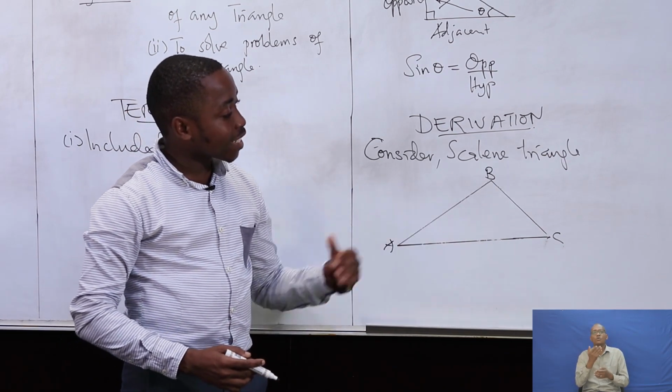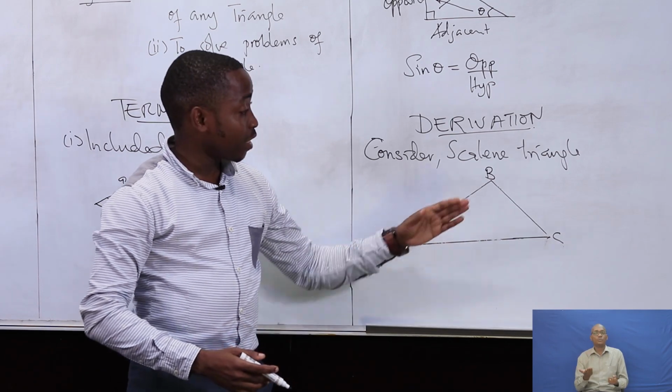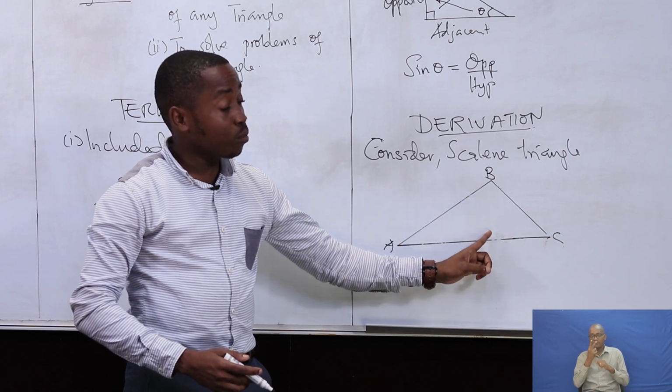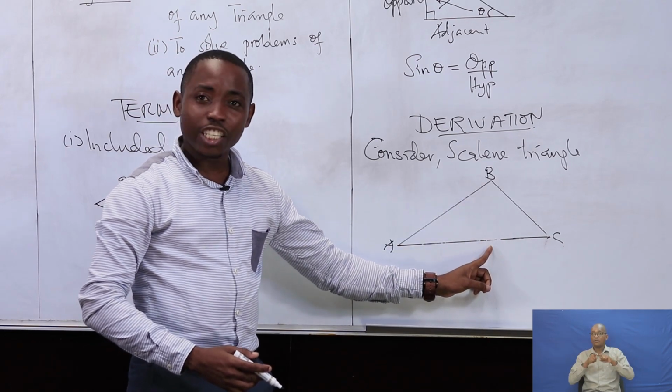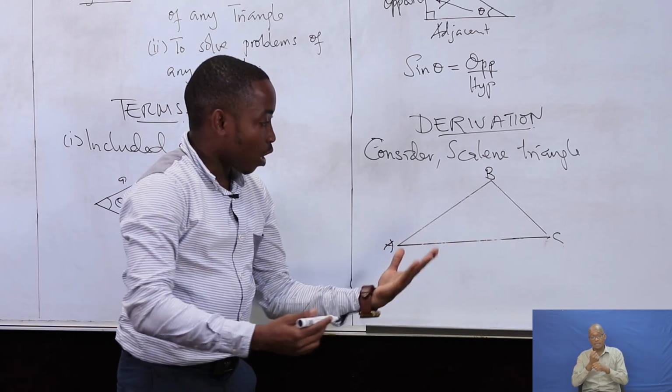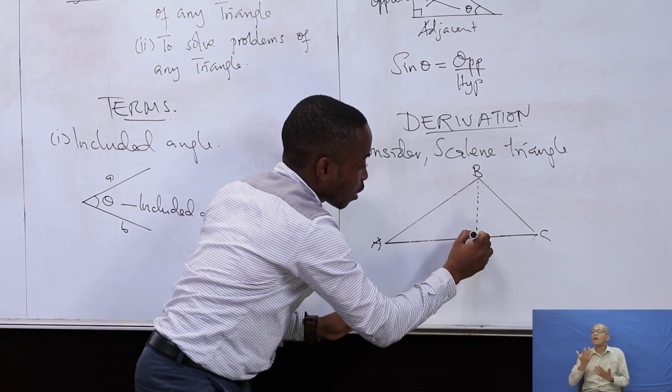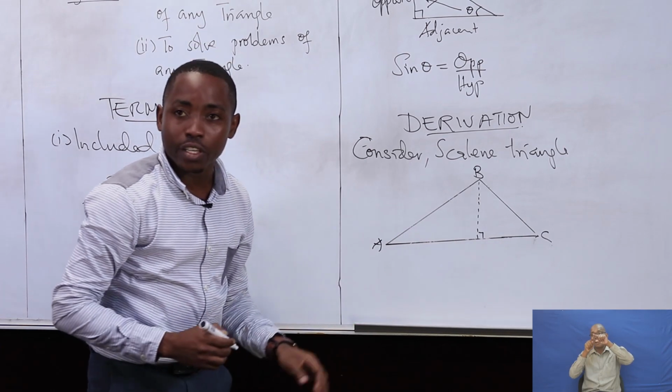We have to construct another line in this scalene triangle, which is going to form 90 degrees with this base. So how can we do it? We construct a line from this point to be here. Here we get 90 degrees.